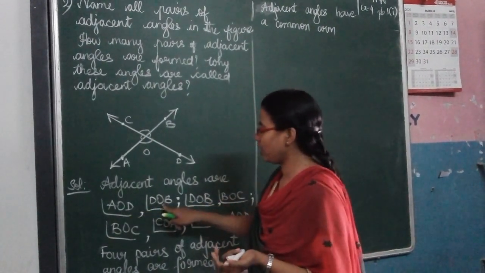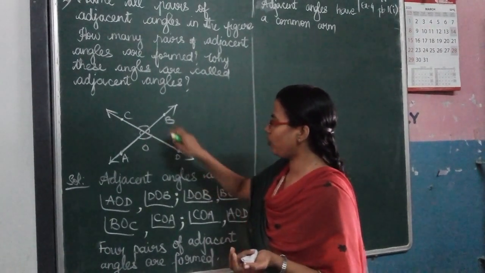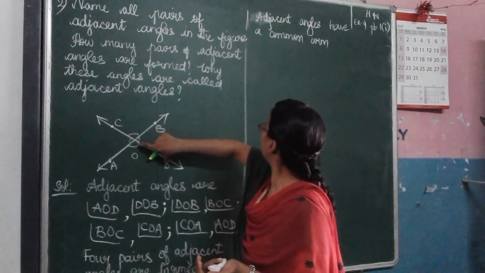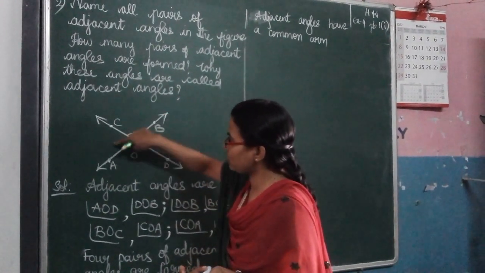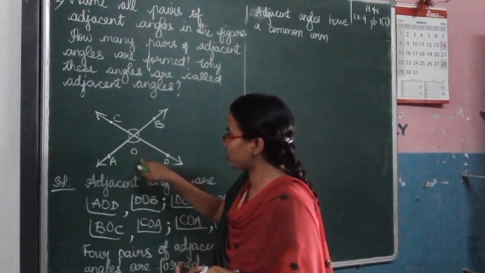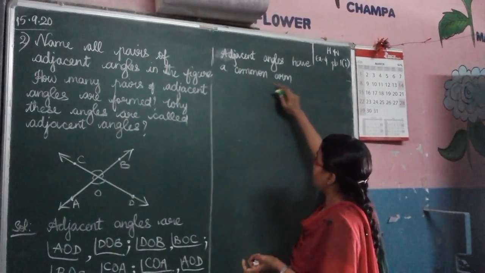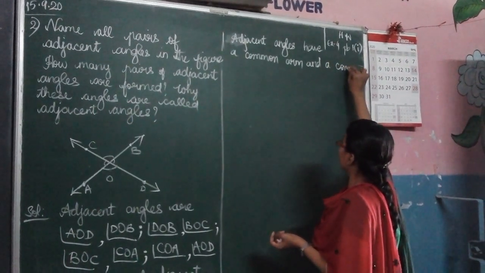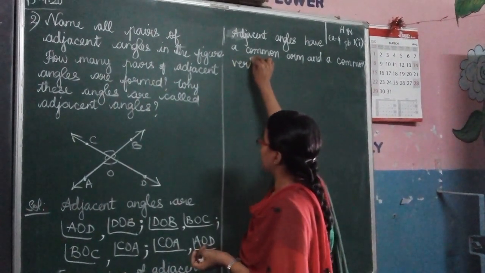When it comes to AOD and DOB, you see that OD is the common arm. For these two, this is the common arm. So we see that adjacent angles have a common arm and a common vertex. What is the common vertex there?